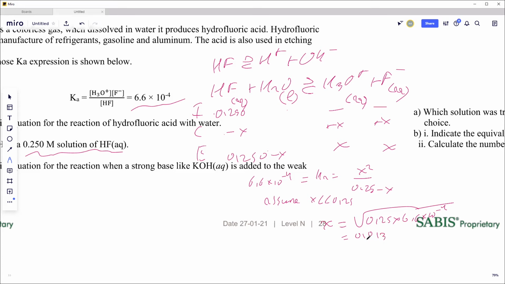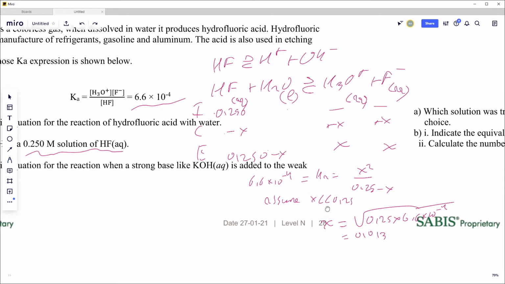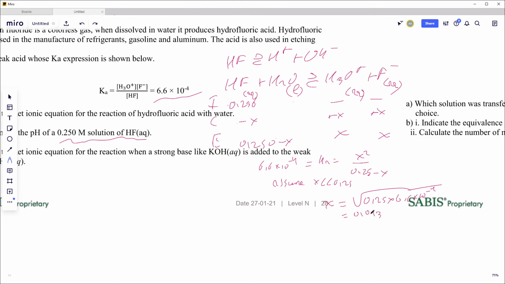Anyways, let's just keep it 1.3. If you want, you can follow the marking scheme, but this is the way of solving anyways. So this seems to me way less than 0.25. I've heard that they said it should be smaller than 10% of 0.25, so you can try that out: 0.1 times 0.25, you get something small.